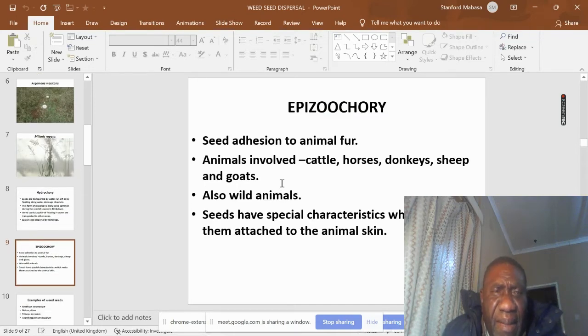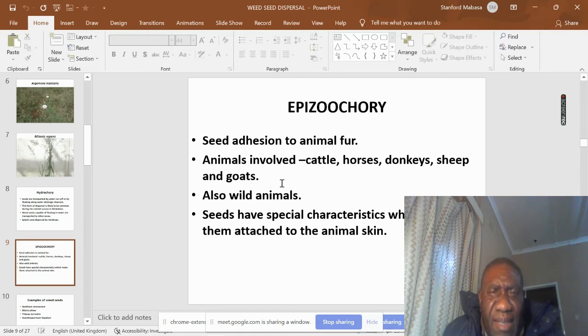Epizoochory, this is where we have seeds being attached to animal fur, or seed adhesion to animal fur. So animals are involved in this kind of dispersal. We have cattle, horses, donkeys, sheep, and goats.